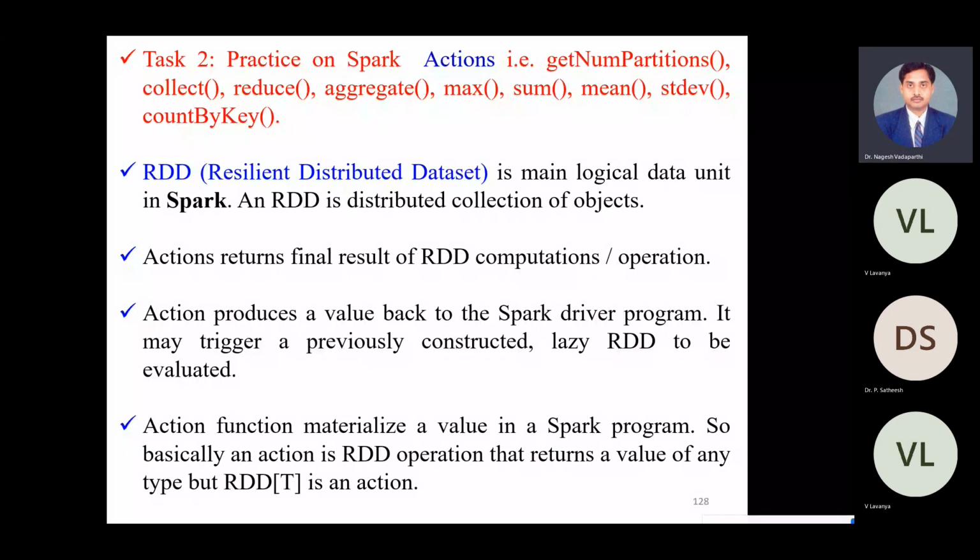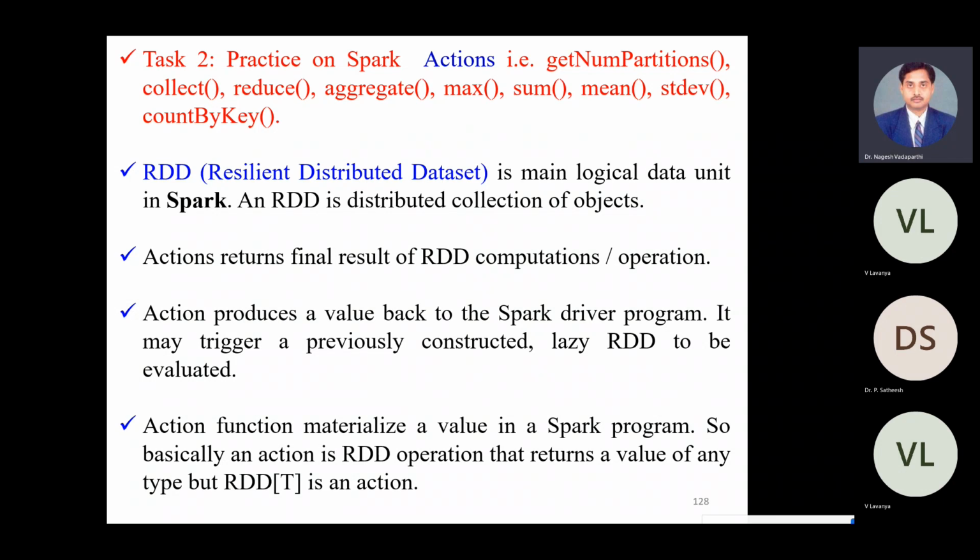Okay. So RDD is nothing but a resilient distributed dataset, the main logical data unit in Spark. An RDD is a distributed collection of objects. Actions return the final result of RDD computations or operations. See, why do we want to use actions? Actions return the final output of RDD computations. So an action produces a value back to the Spark driver program.